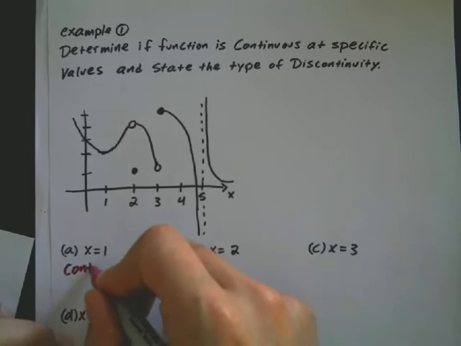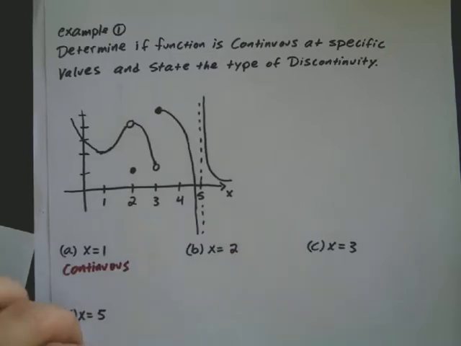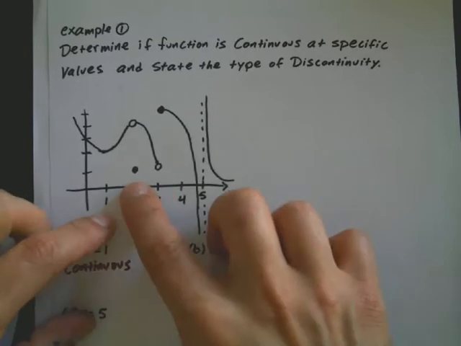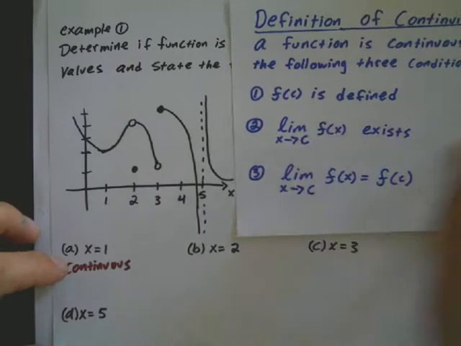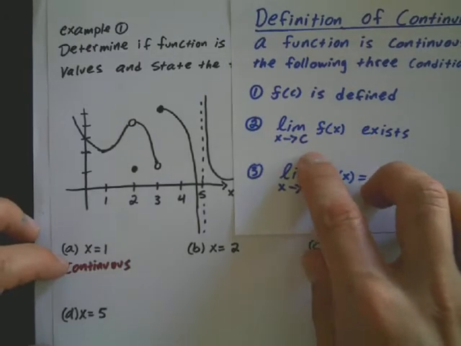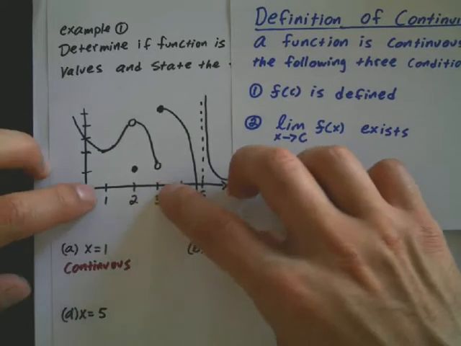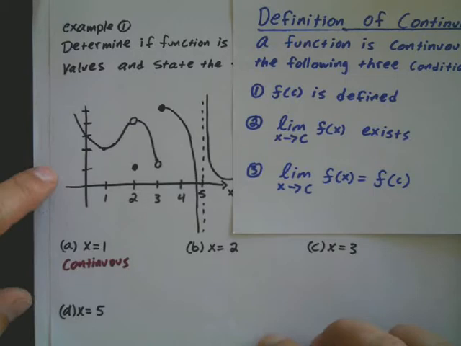At x equal to 2, first of all, it is defined, so the first criterion is met. Number 2, the limit does exist because I could approach 2 from this way, and both sides meet up at the same point, which is going to give me a limit of 1, 2, 3, and 4, so a limit of 4.